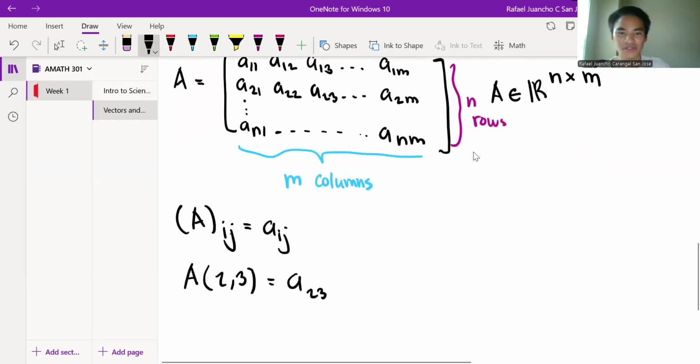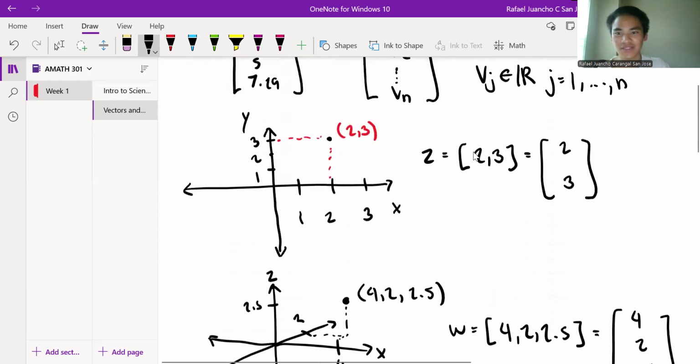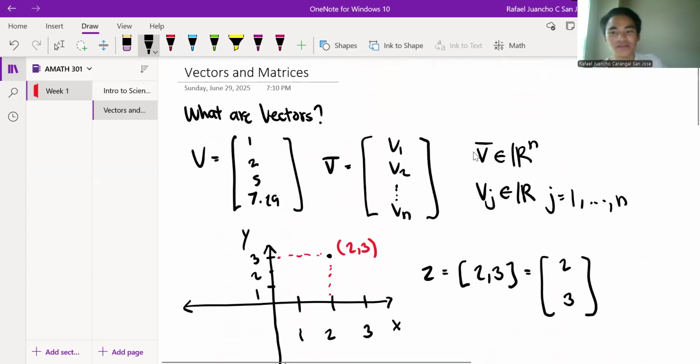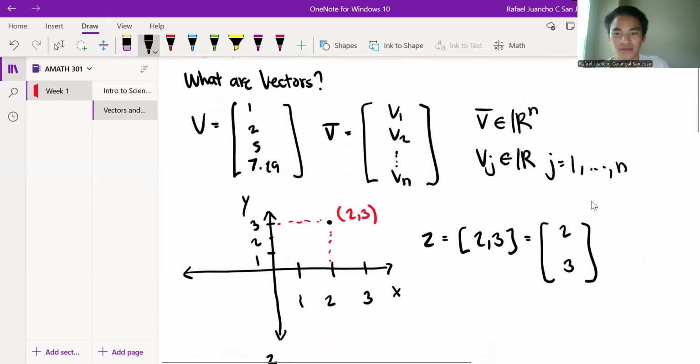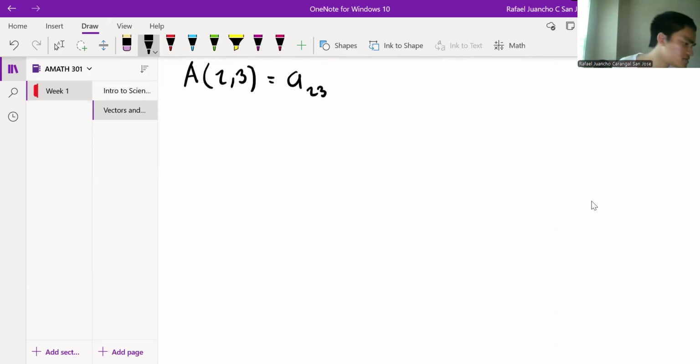So we call these dimensions. Now, you might be wondering, how about our vector? Well, this is actually just n by 1 because we have only one column. But we don't need to write that because we already know that by default it's one column.